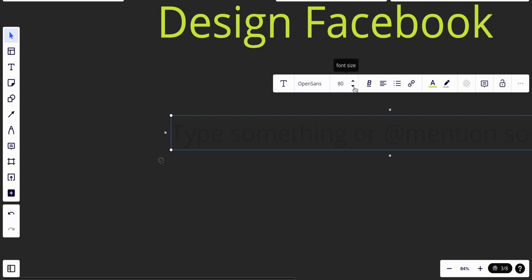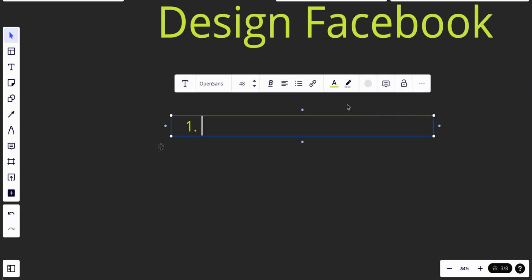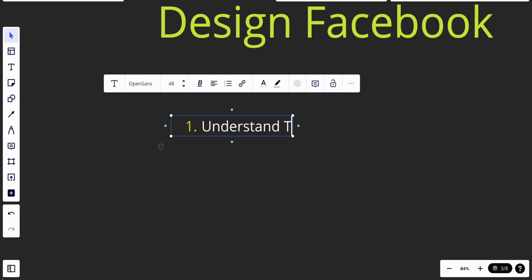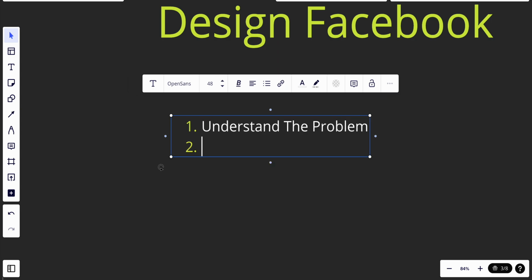First, we understand the problem. Second, we propose a high level design.